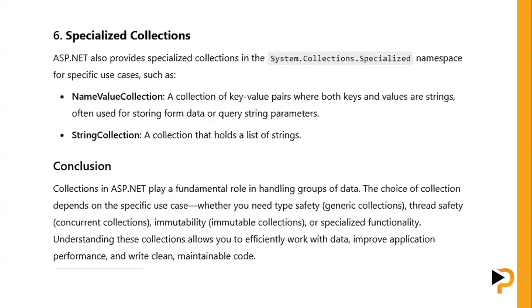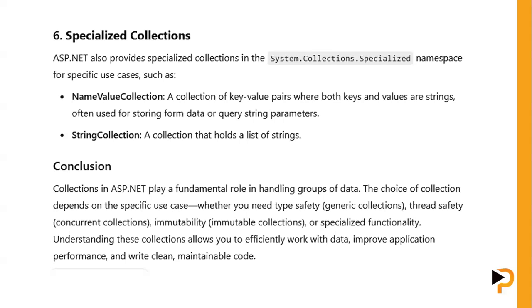Now, next is the specialized collections. ASP.NET provides specialized collections in a specialized namespace. So finally, what is the conclusion about collections in ASP.NET? They play a really fundamental role in handling groups of data. The choice of collection depends on the specific use case.